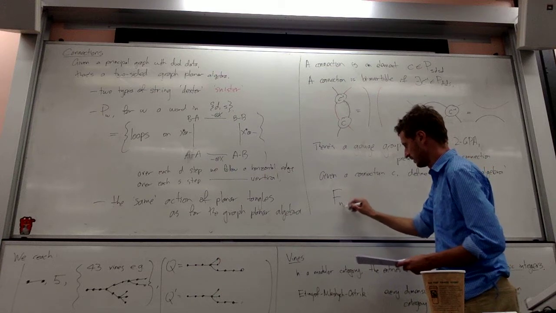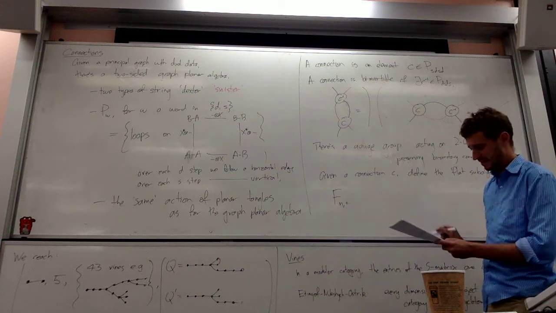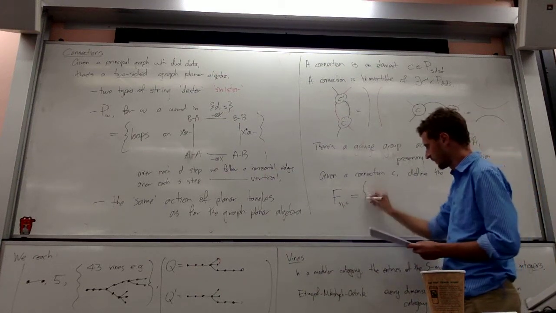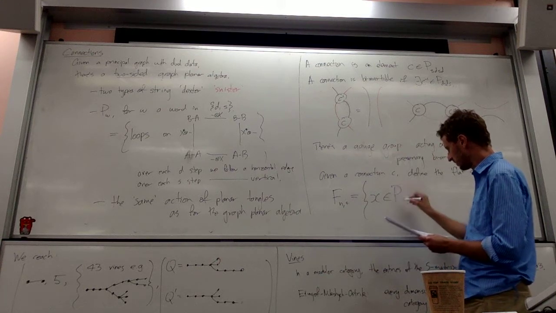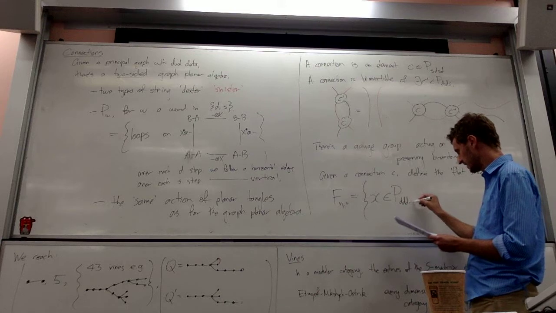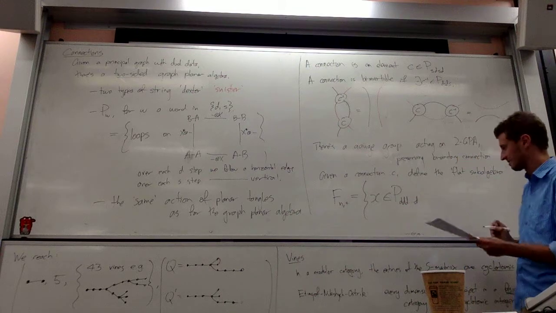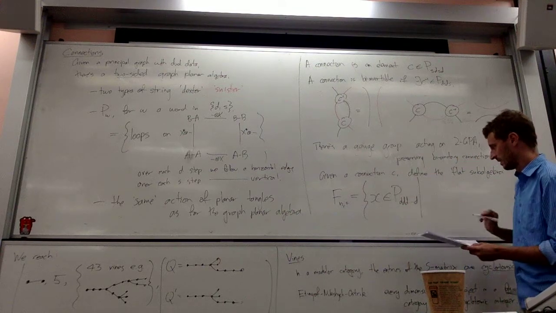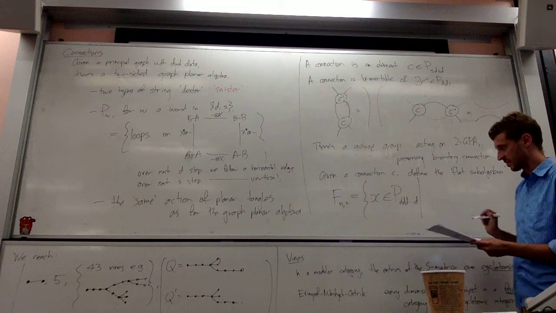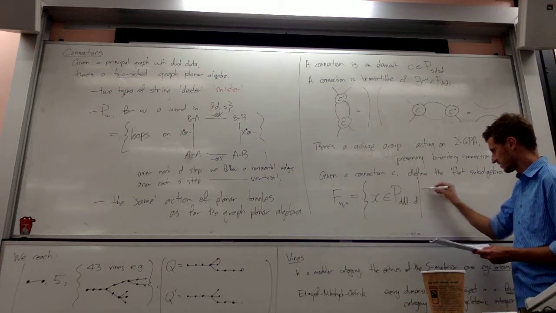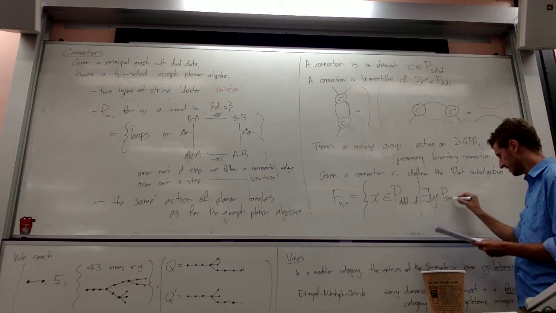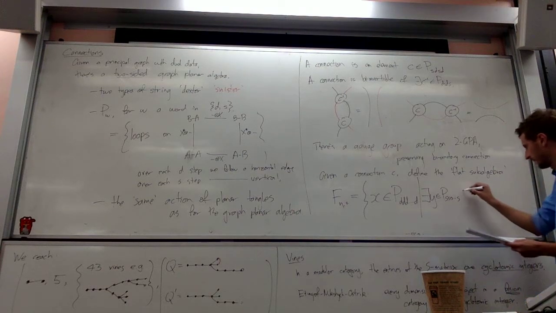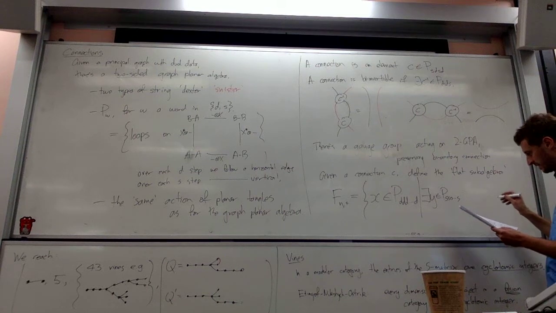So this is some planar algebra, and the space F_n plus consists of all those linear combinations of loops in this D space of the graph planar algebra. Here there's, I guess, 2n copies of D, such that there exists a Y in P, so that the following thing works.